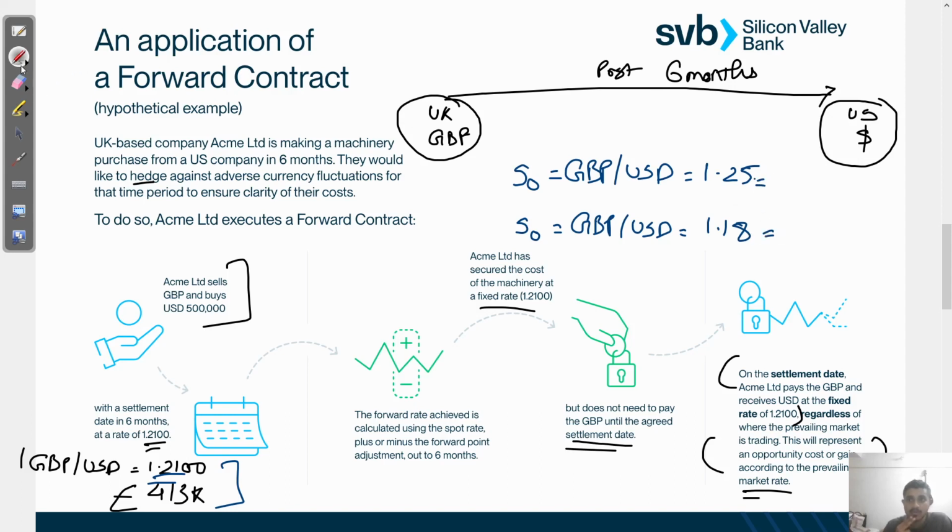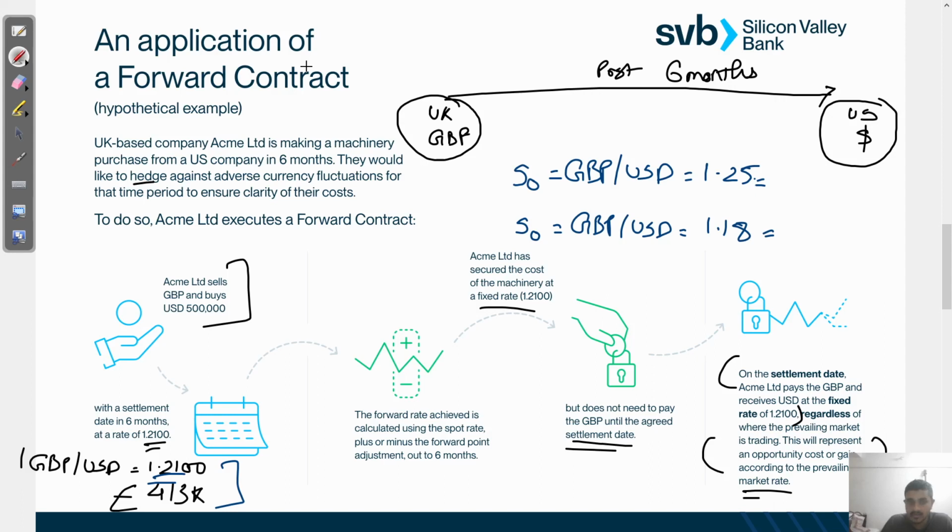Now, what would have happened if Acme had not entered into the forward contract, and on the day of settlement, 6 months later, it had just gone to the spot market and exchanged GBP for USD? If the spot market is 1.25, how much would Acme have paid in GBP?